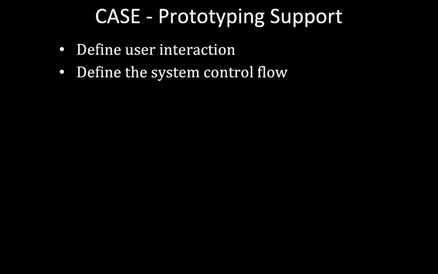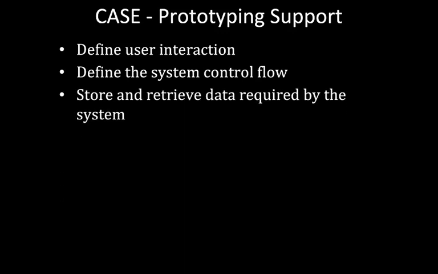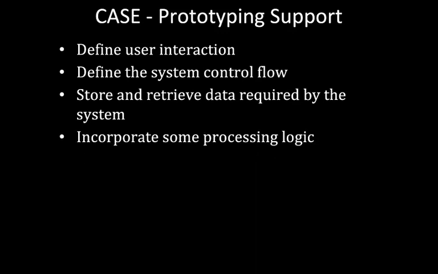Then it should define the system control flow, and it should store and retrieve data required by the system, then incorporate some processing logic also. So these are some of the features that should be there inside the CASE tool, and there can be other additional features that could be incorporated.